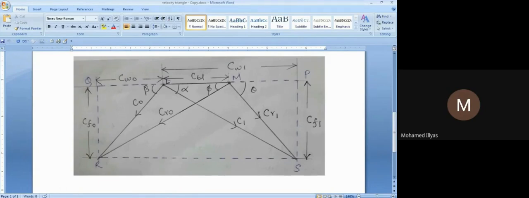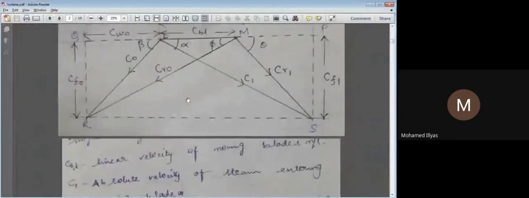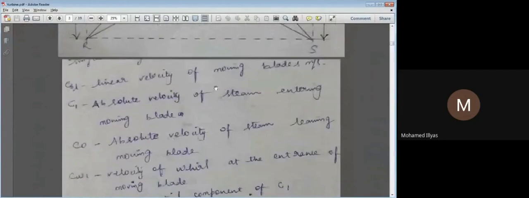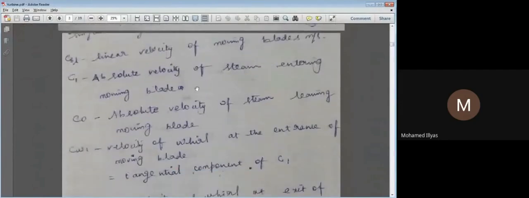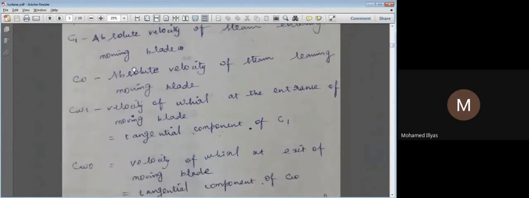Now coming to the performance part. This is the combined velocity triangle we have drawn, with the notation we have described. CBL is the linear velocity of the moving blade. C1 is the absolute velocity of the steam entering, and CO is that of the steam leaving.